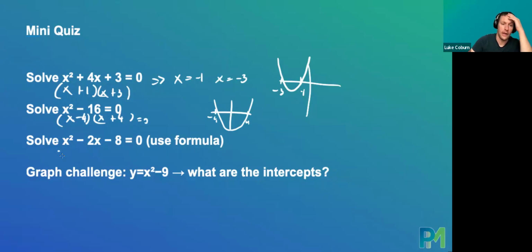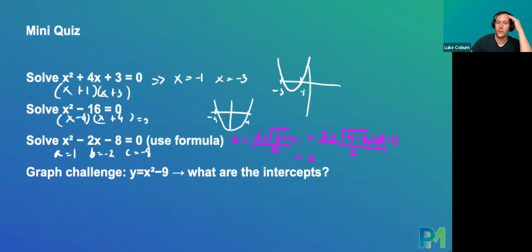Using the formula, A will be equal to 1, B will be equal to -2, C will be equal to -8. So let's write down the formula. x is equal to minus b plus or minus the square root of b squared minus 4ac, all over 2a. So that will be minus minus 2, so 2, plus or minus the square root of b squared, which will be 4, minus 4 times 1 times -8, all over 2.